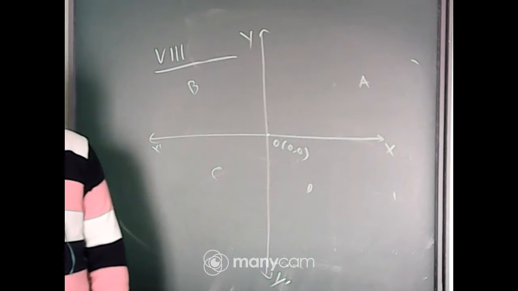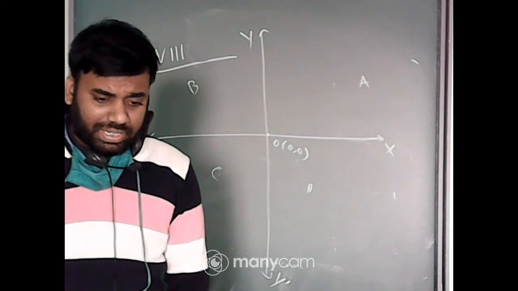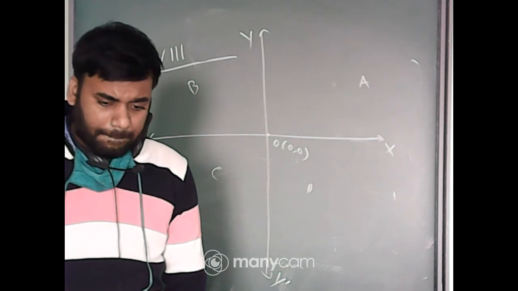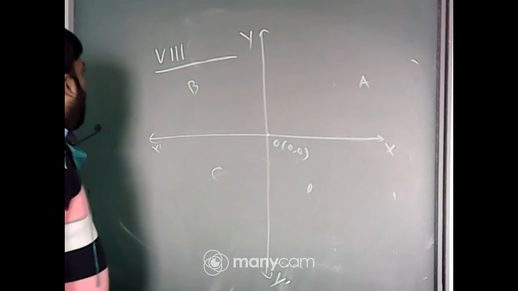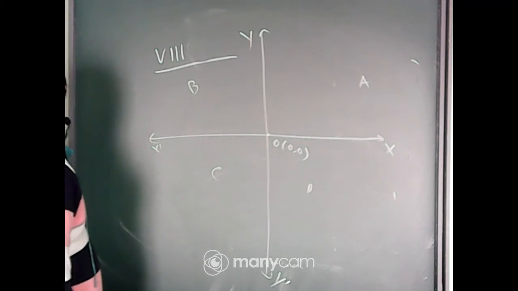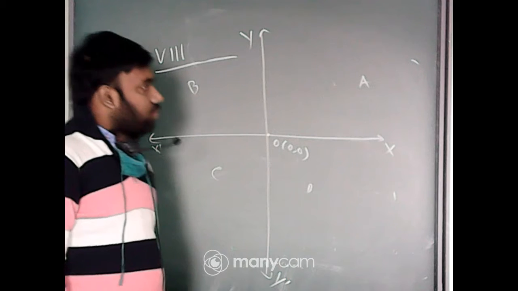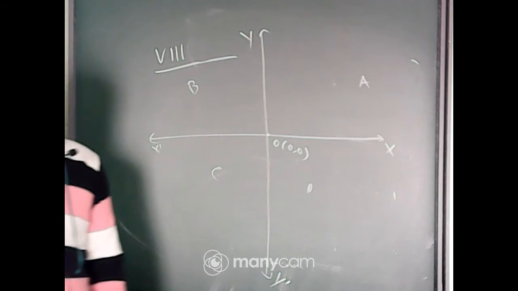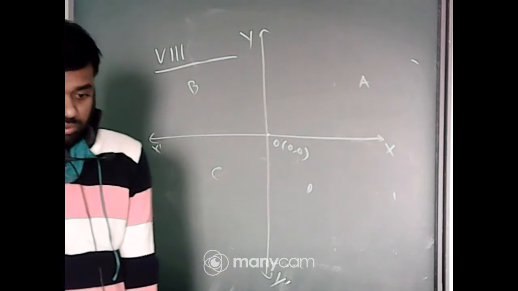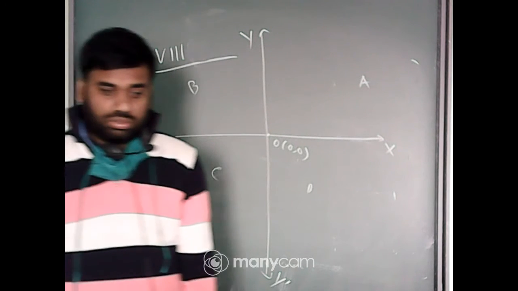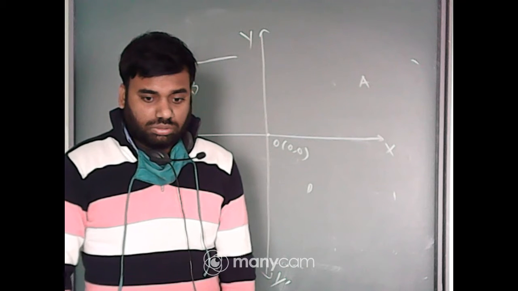First A, okay, very good. A first quadrant, B second, okay.